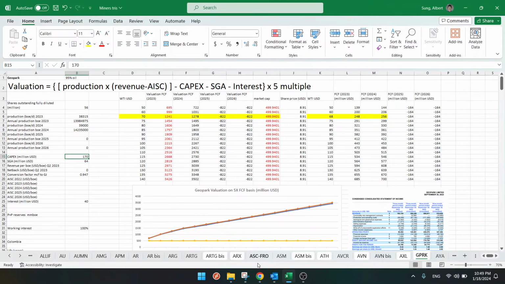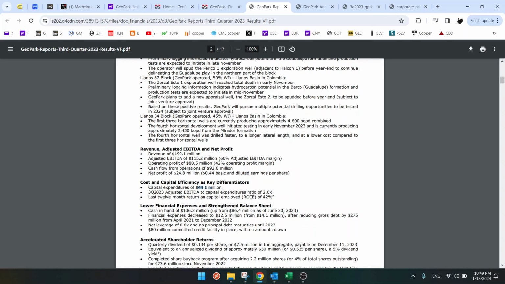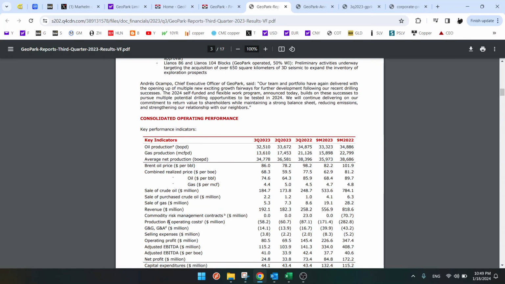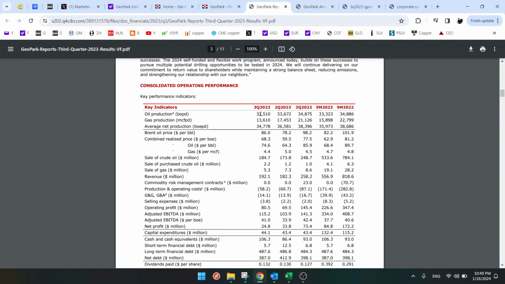Yeah, that's correct. Production. This is important. Realized price per BOE is 68.